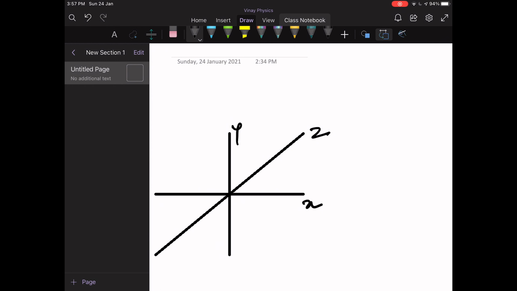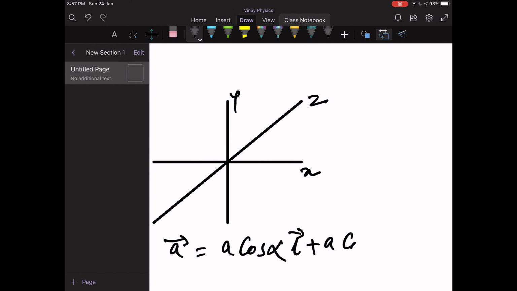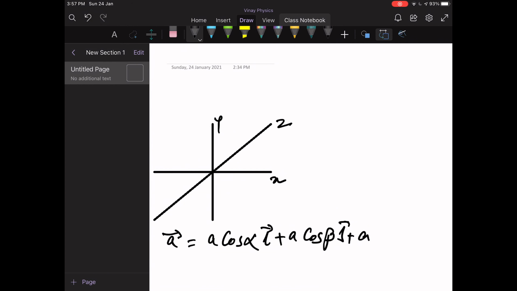Now we could have a vector that is represented on all 3 axes, and that's basically a 3-dimensional vector, and it would generally be represented as, if there is a 3-dimensional vector A, we would represent it as A cos alpha i plus A cos beta j plus A cos gamma k.